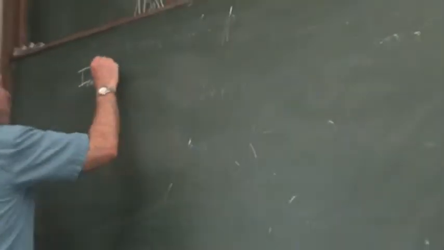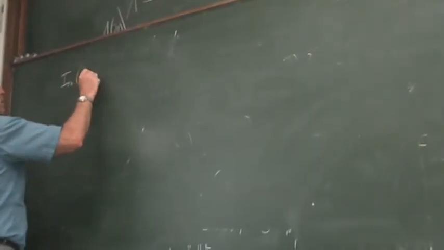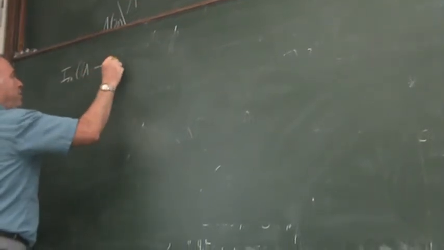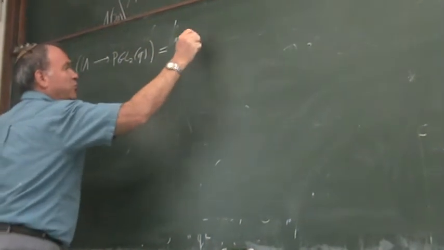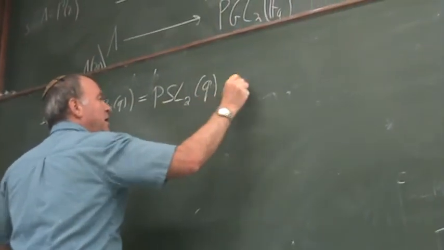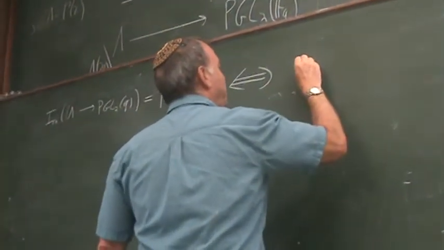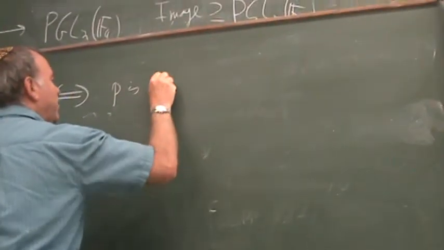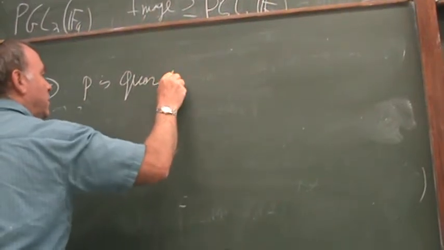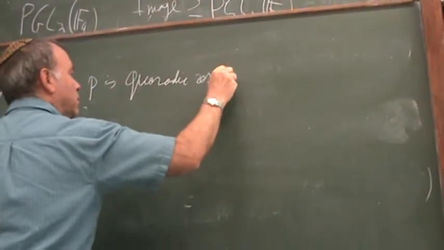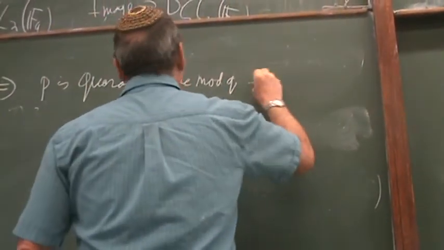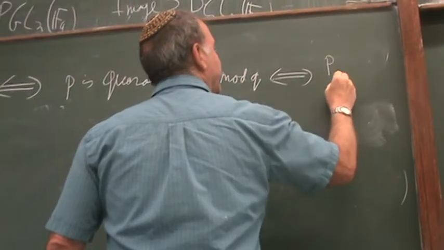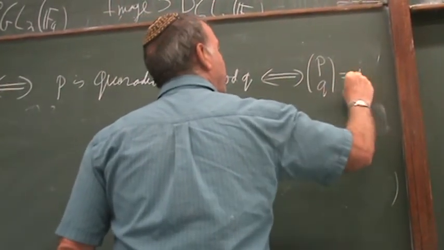So what we get is that the image of lambda in PGL2Q is equal to PSL2Q, everything is inside, if and only if P is a quadratic residue mod Q. Namely, if and only if, in the Legendre symbol notation, P over Q equals 1.